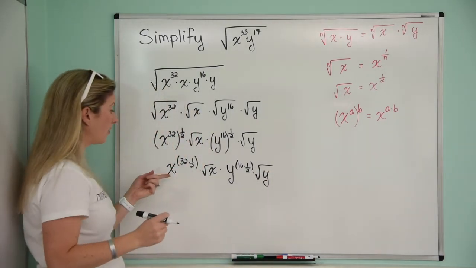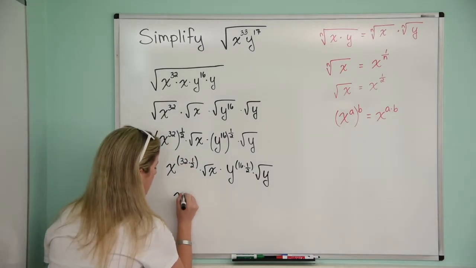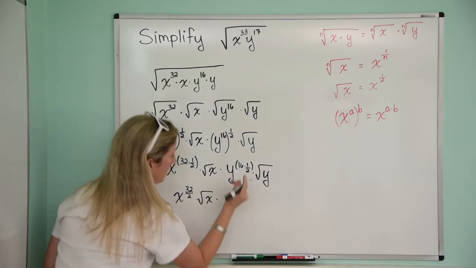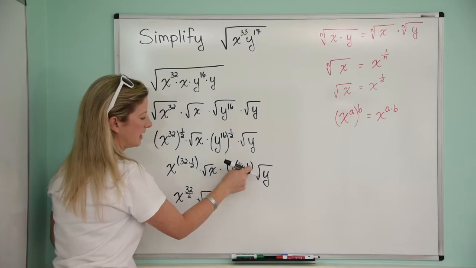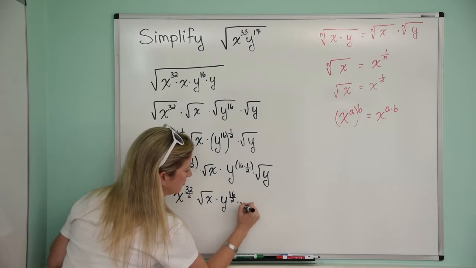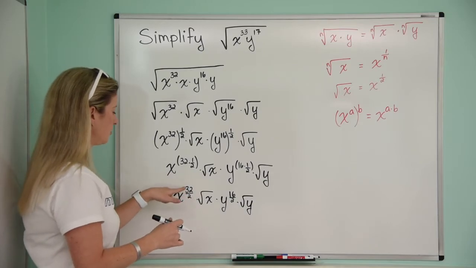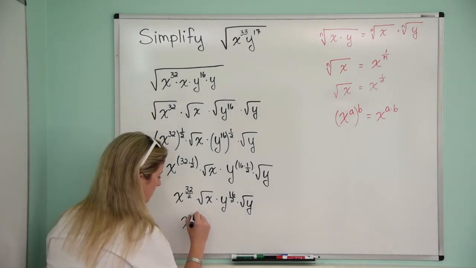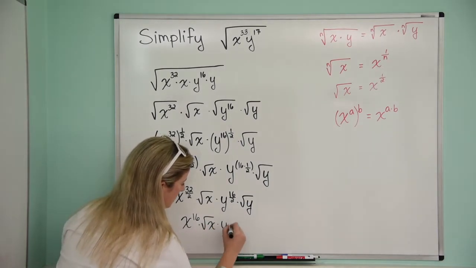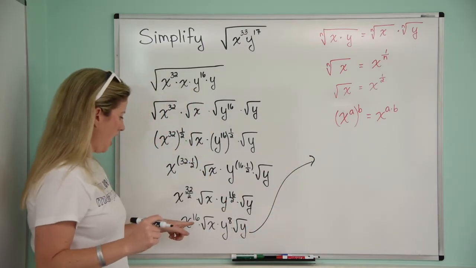Now, 32 times a half. You can do that multiplication or write it as 32 over 2 times the square root of x, and then 16 times a half. We know that's 8, but you could also write it as 16 over 2. I'm just showing the middle step in case people want to see it. Now let's do the division. 32 divided by 2 is 16. I'm totally running out of room here. So we have x to the 16th times the square root of x times y to the 8th times the square root of y. This looks great.